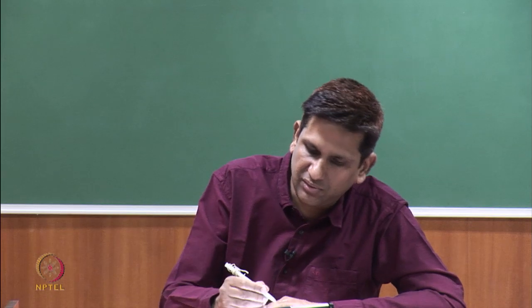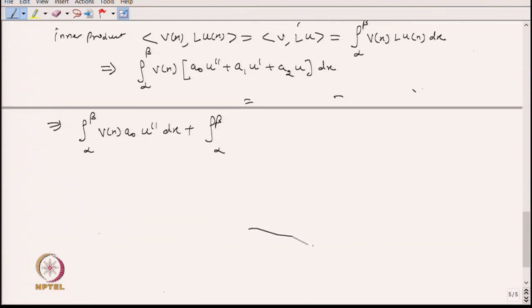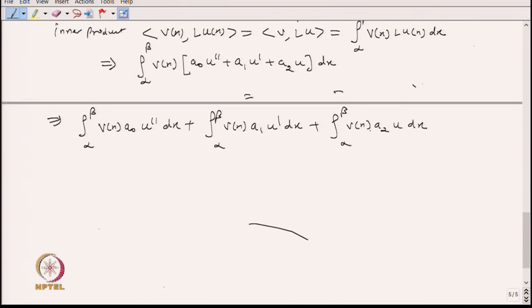Multiplying v of x inside, this becomes the integral from alpha to beta of v a naught u double dash dx, plus the integral from alpha to beta of v a1 u dash dx, plus the integral from alpha to beta of v a2 u dx. This is all a function of x.